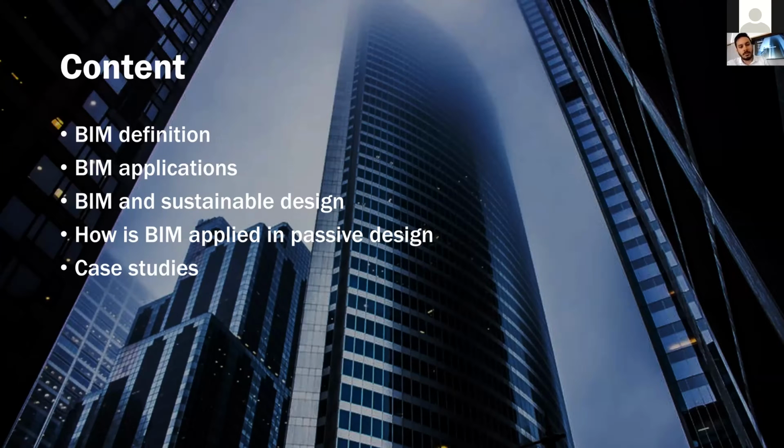And we're going to talk a little bit about some of the BIM applications and BIM tools that we use, and how BIM and sustainable design are related together and how they come together, and how it's been applied in such a design process, the passive design process. And we have some case studies that we'll be sharing with you today.